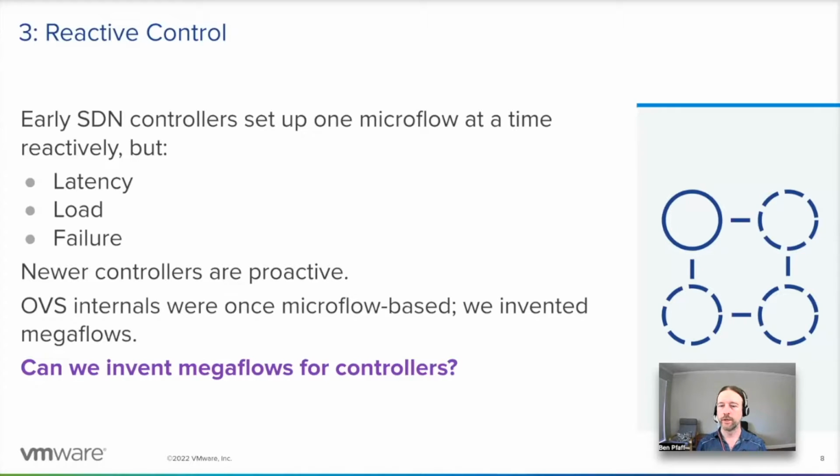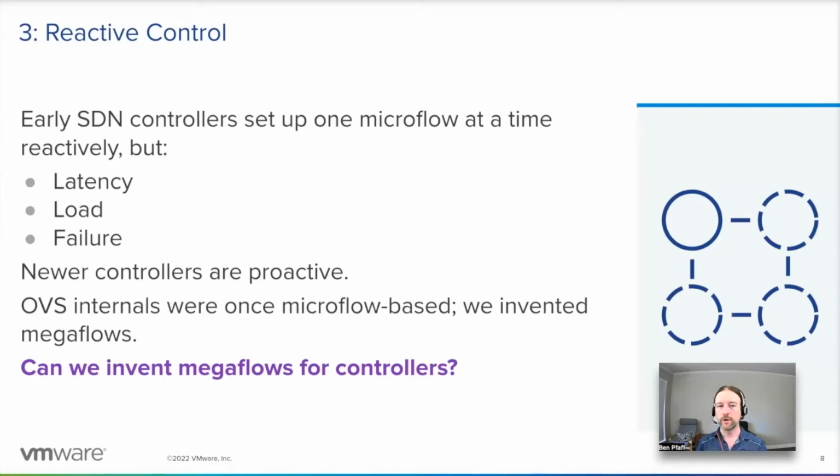This was really easy to program at the controller, but it had bad network performance and it failed hard if the controller wasn't accessible. And we gave up on the reactive approach as an industry, I think, more or less entirely, and for good reason. But there might be reasons to revisit this kind of design these days.